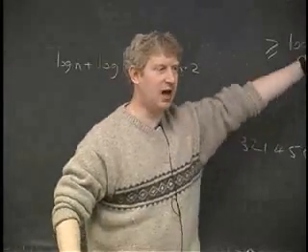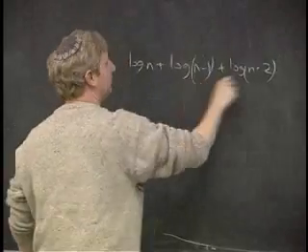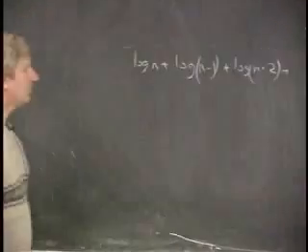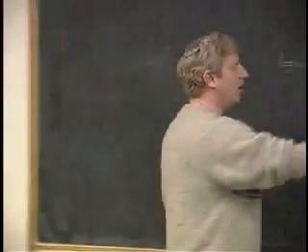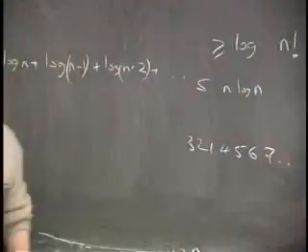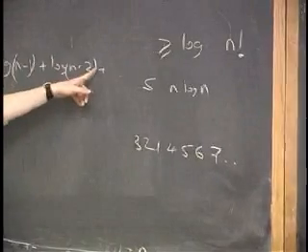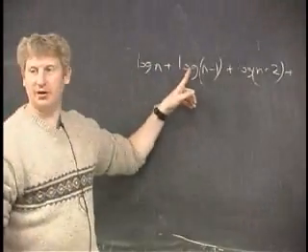Because I spread the log over the multiplication and I add the pieces up. So this is going to be smaller than n log n. Okay, because I have n pieces, each of which is log n or smaller.